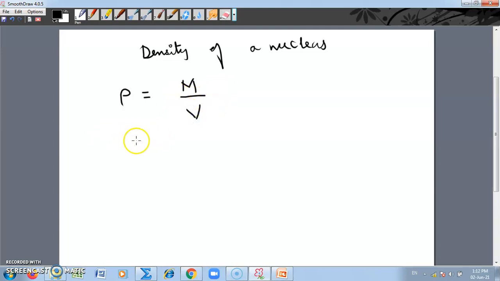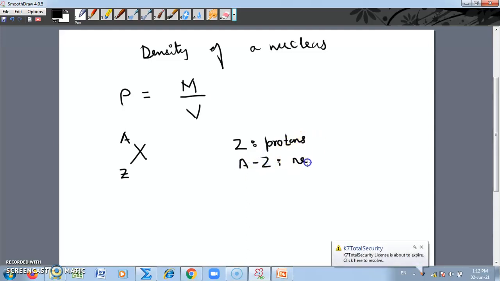Now let us take an element X whose mass number is A and whose atomic number is Z. That means it has Z number of protons and A minus Z number of neutrons.